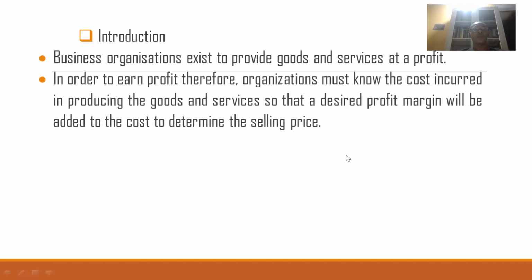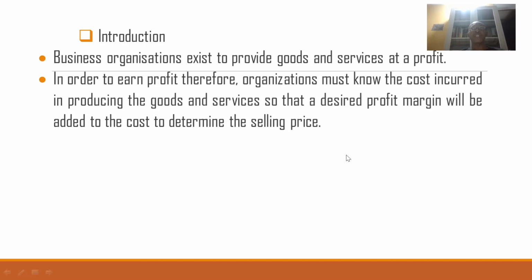So, by way of introduction, financial accounting reports profits, reports how much profit the company has made. But before you report the profits, you need to understand how you generate, how you make the profits. And that is the essence of cost accounting.